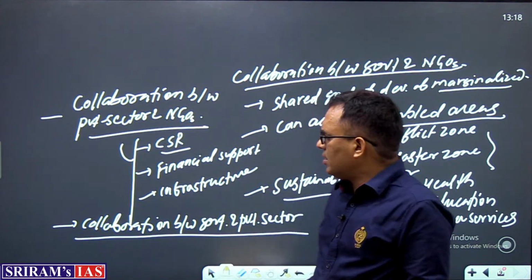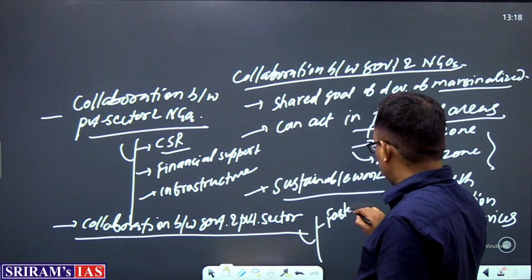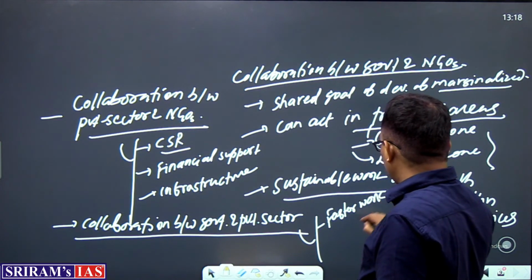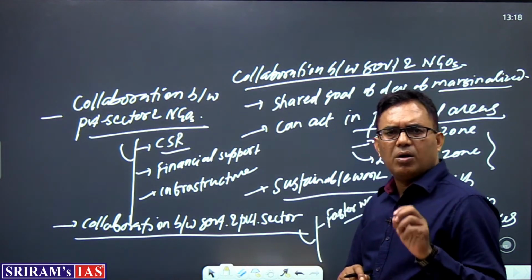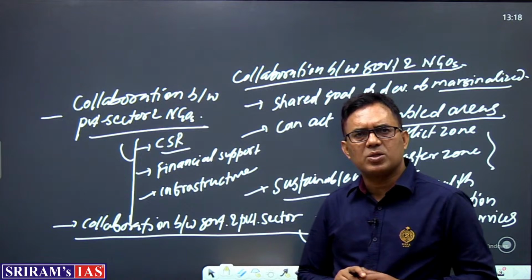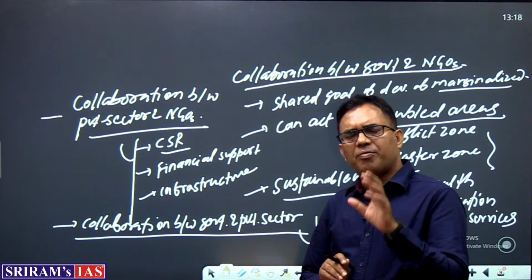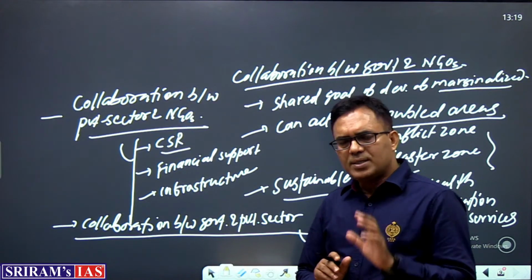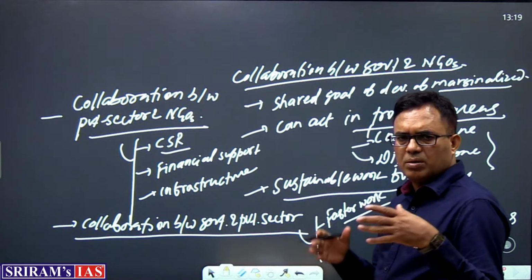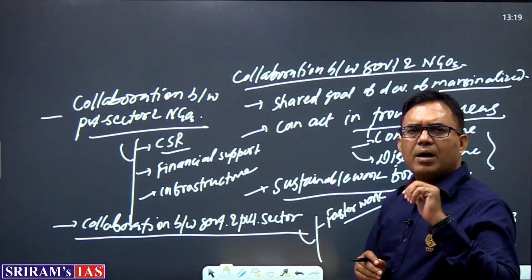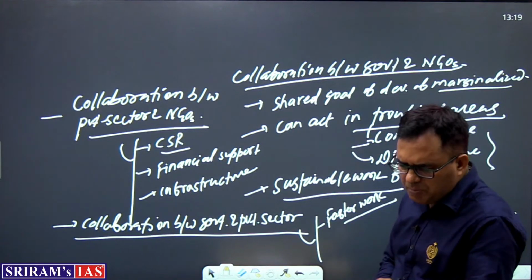When private sector is there, we can have faster work. Government sector is sometimes criticized for red tapeism, unnecessary or inordinate delay in the process of work, but private sector involvement, they are more governed by profit making. So, in this concern, private sector will try to complete the work within the time frame, within the deadline they have set for completion of work, and therefore faster work is possible.